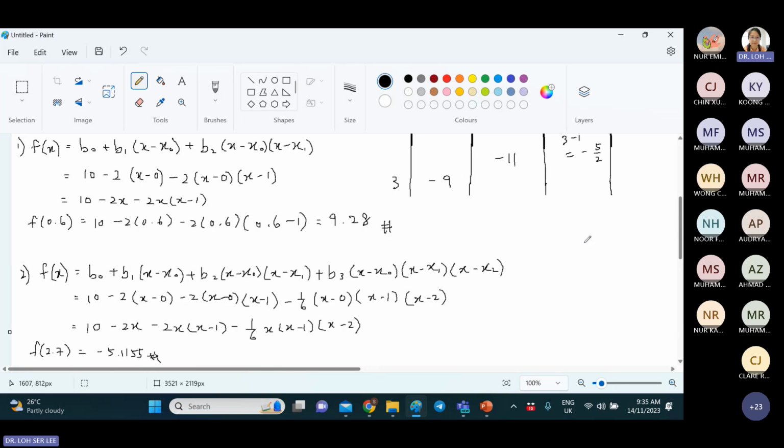Yes, it will be around the same, but maybe slightly different because the formula is different. Any other questions?